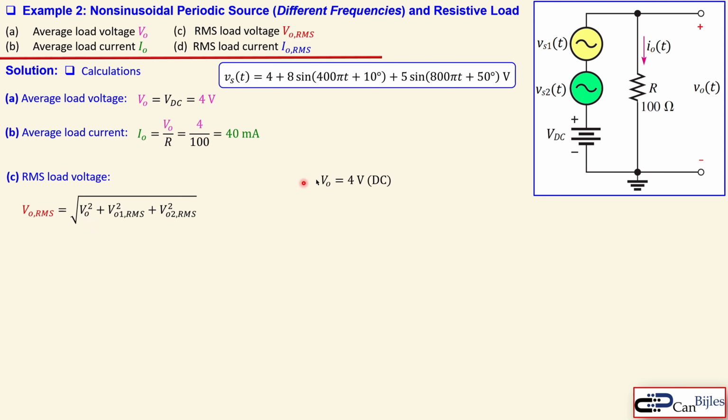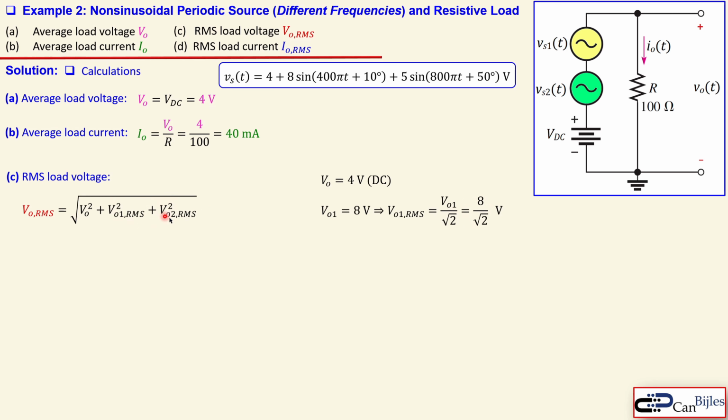VO, the average load voltage, is 4 volts, as we just determined in question A. VO1 is the amplitude of this sine wave, which is 8. Now we need to go to the RMS. Since this is a pure sine wave, we can just divide by square root of 2. That is a really famous formula. So you get 8 over the square root of 2. This is the exact expression of the RMS value, we just need to substitute it in here.